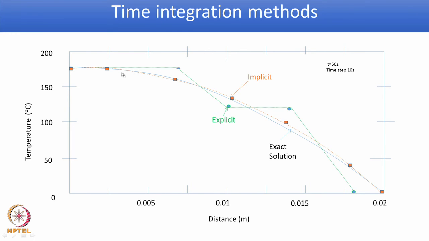We already noticed that the explicit scheme shows a stepwise solution, whereas the implicit scheme captures almost the same as the exact solution. So, you understand the effect of implicit scheme as well as explicit scheme on the results. You also have to see the time required to obtain the solution as well as the memory required to use the explicit scheme or implicit scheme.